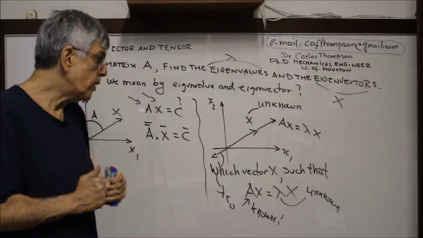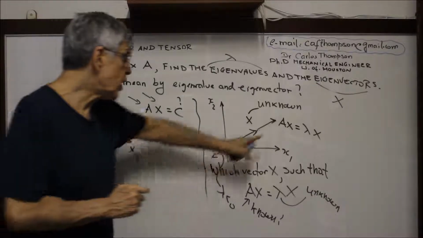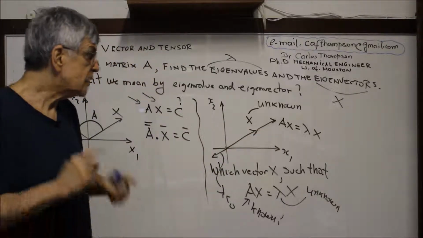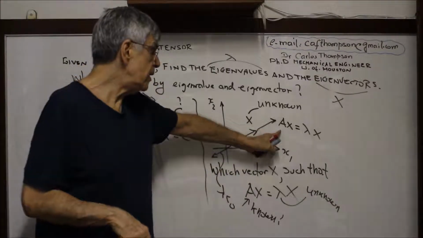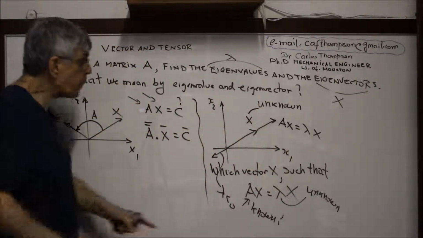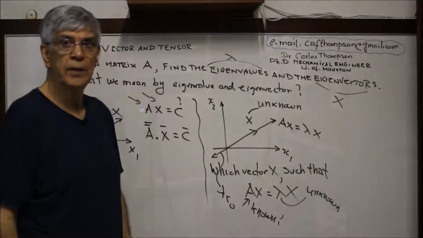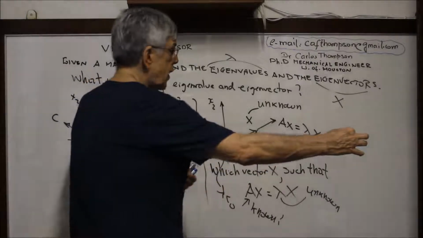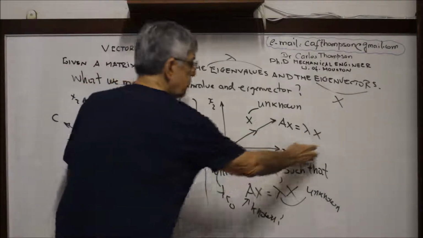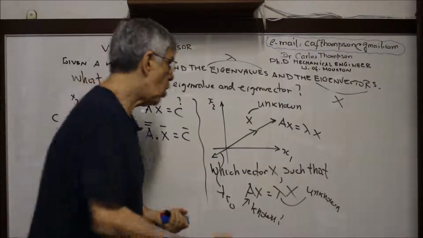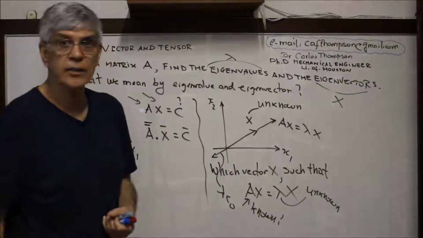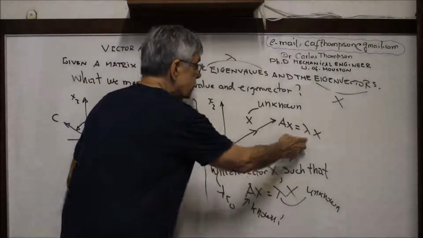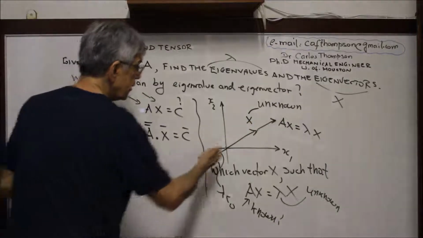See? Now I want to know which x such that A, which is given, operates on this vector here, and it just stretches or compresses the value of x. Or lambda, if lambda is negative, okay, Ax, this is a straight line, okay?